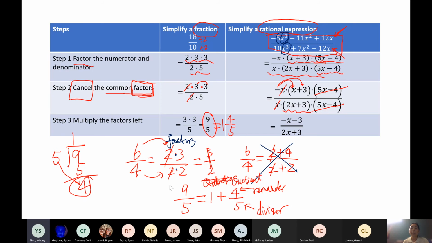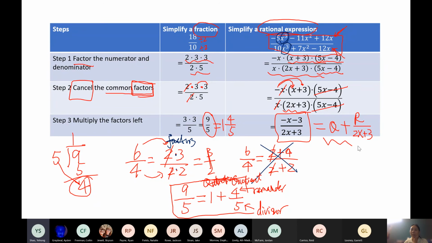So technically, you could do this, but usually in high-level algebra, we don't need you to do that. You can stop there. But if somebody asks you to change it to a mixed number, you have to do long division to do that, right? So the same thing. What if I want you to divide this further to give me a similar answer? This equals what quotient plus what remainder divided by that divisor.